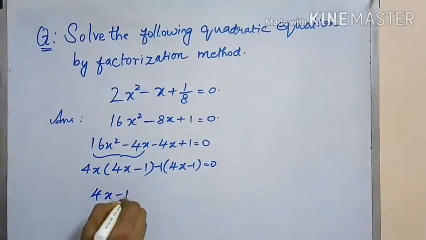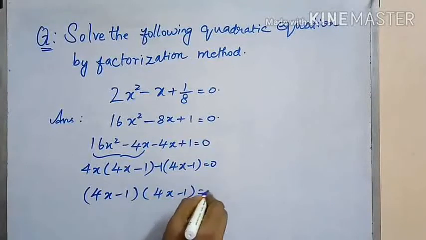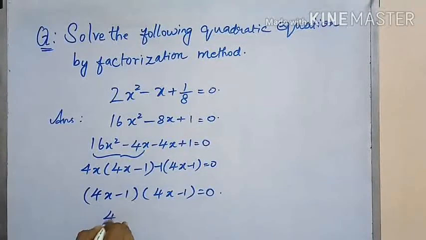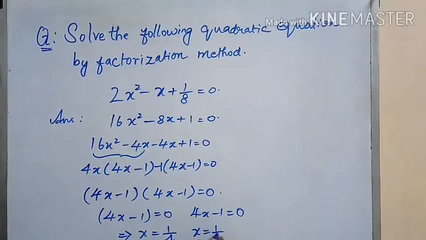So 4x minus 1 into 4x minus 1 are the factors. Equating to 0, we get 4x minus 1 is equal to 0, which gives x is equal to 1 by 4, 1 by 4. These are the roots of the given equation.